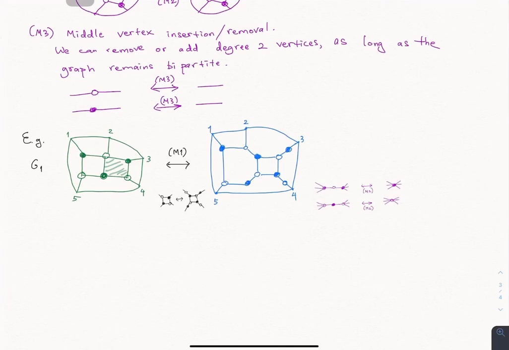So basically we would take this part, we would remove the middle vertex, and we will connect these two adjacent white vertices and turn it into just one vertex. And the rest of the graph would be the same.